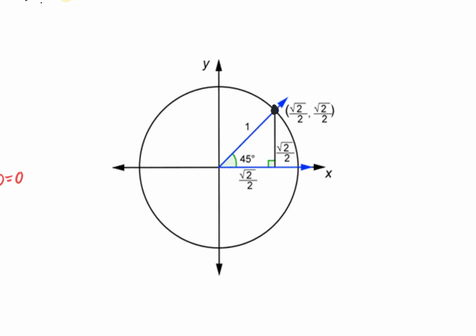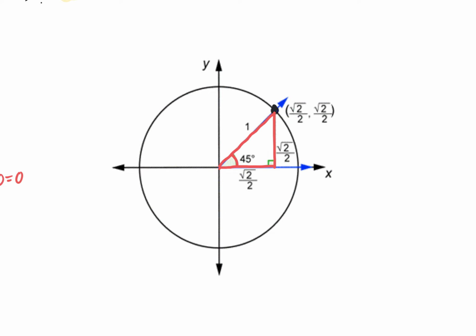And again, we're on the unit circle because notice the radius here is 1. So that distance is 1. If I were to drop a vertical line from the point to the x-axis, what I've done is I've created this right triangle. And in this particular case, the angle theta that corresponds to this right triangle is a 45-degree angle.